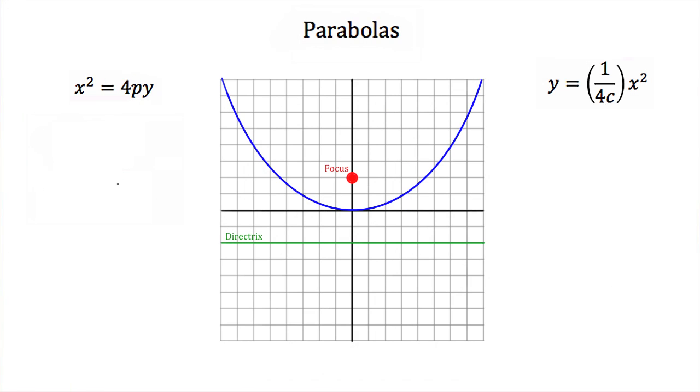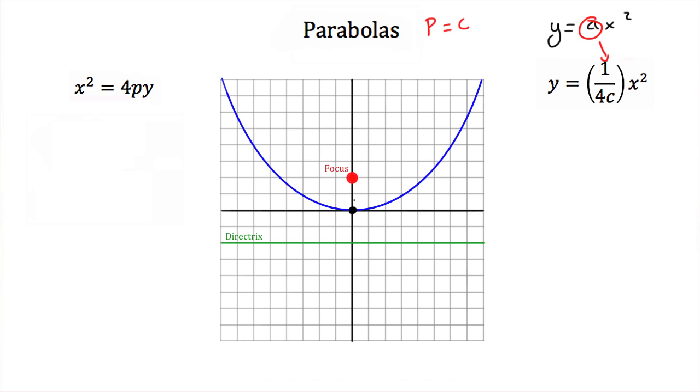So now let's talk about what these p and these c and these a terms mean. Well, if you have y is equal to ax squared, then you know that a is equal to 1 over 4c. And we discussed earlier that p is equal to c. Well, p and c are important because p, or c, is the distance from our focus to our vertex.